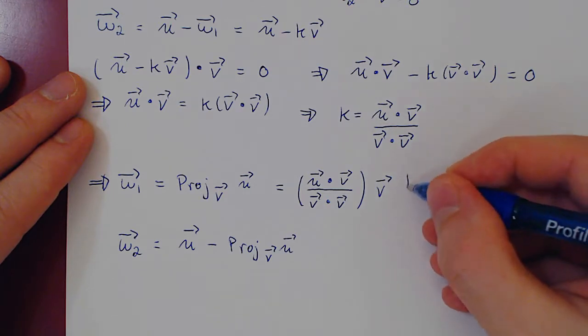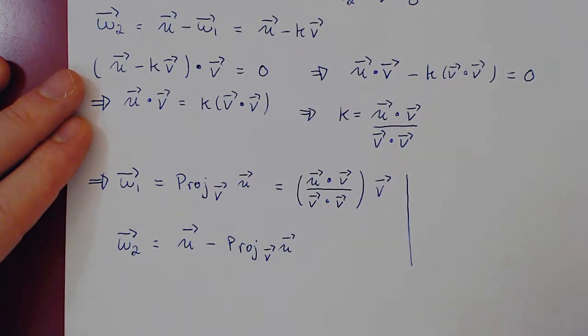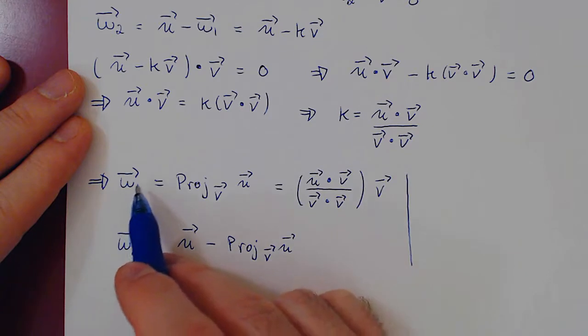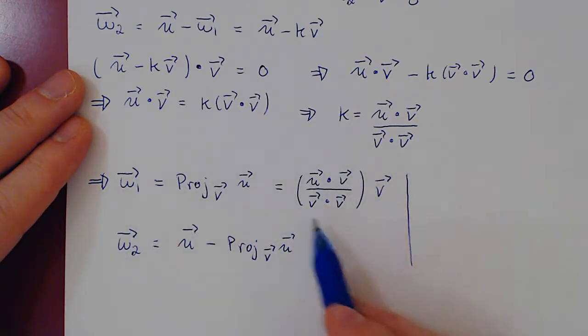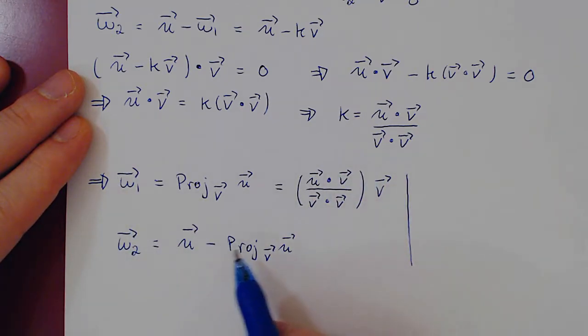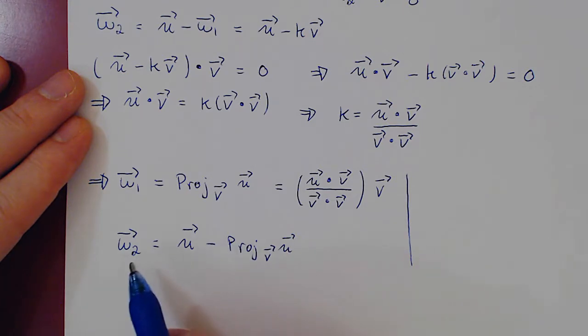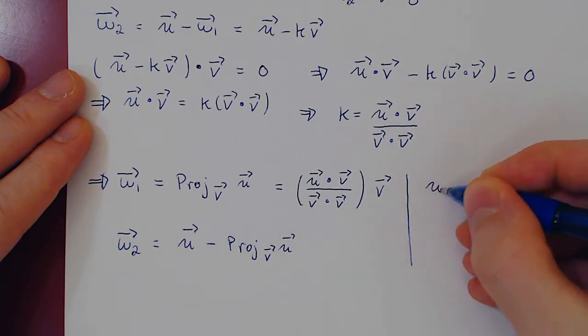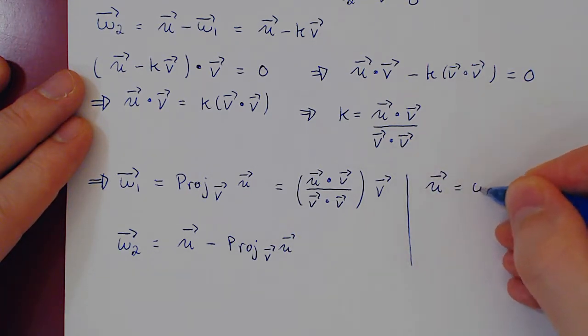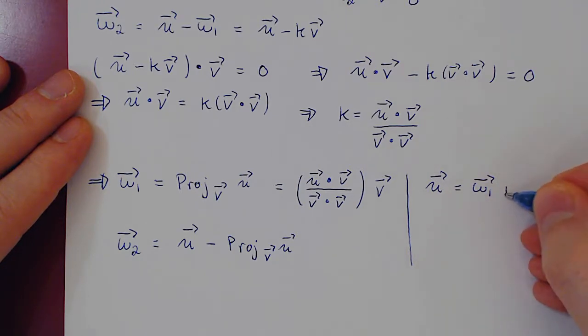And if we summarize here, you can compute this vector using this formula. Once you have it, u minus w1 gives you w2, and we know that u will be the sum of the projection of u onto v plus the orthogonal component.